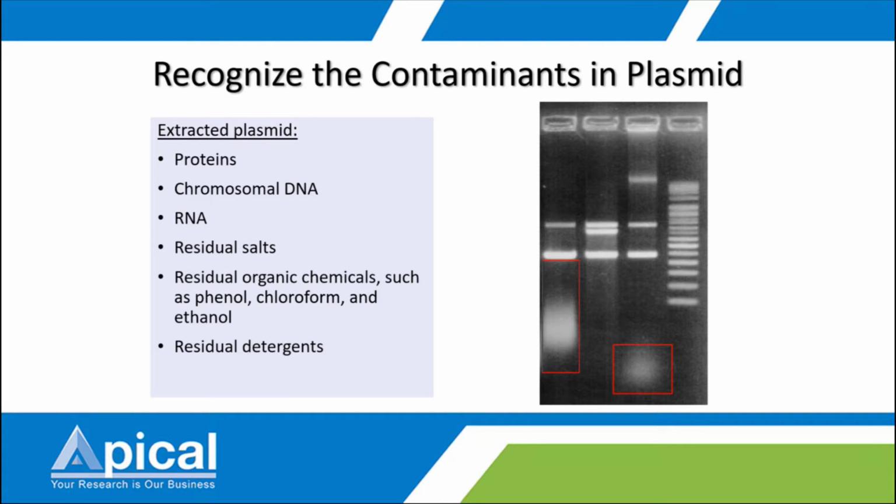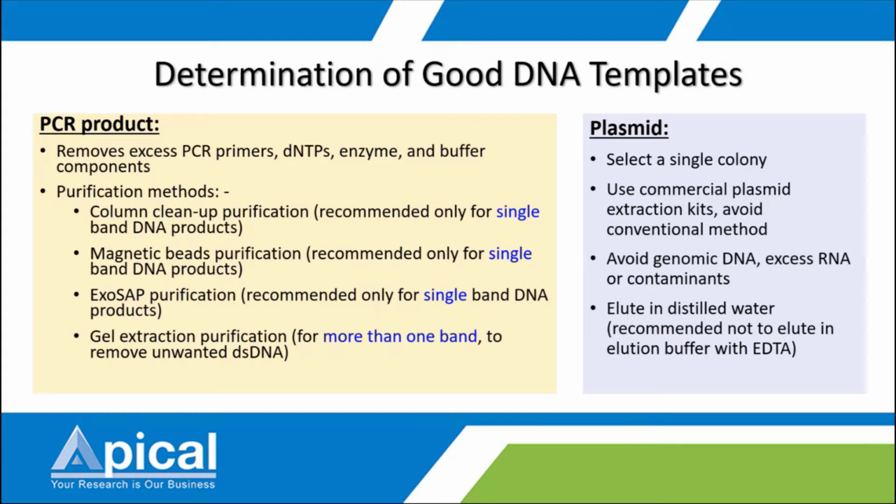To get clean and pure DNA, you need to eliminate all the potential contaminants. So how do you perform PCR product purification? There are a few methods you can use. The most common one is column cleanup or magnetic beads purification, which can be used when your PCR product shows a single band in the agarose gel.